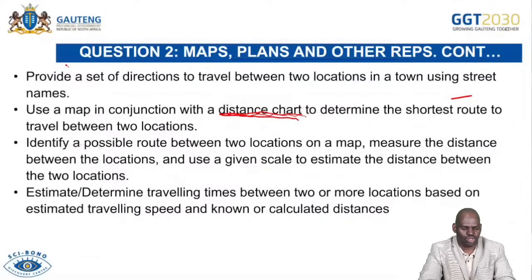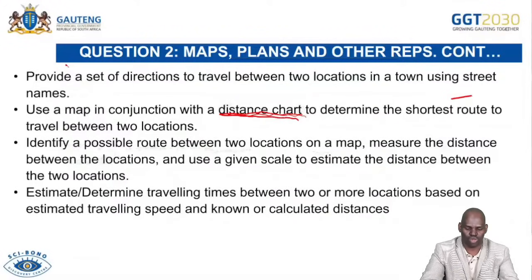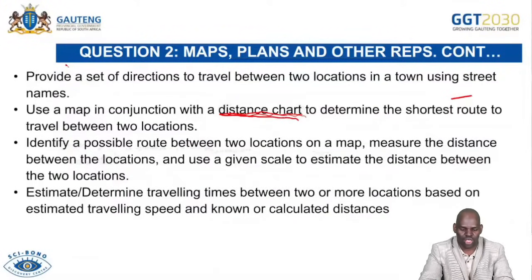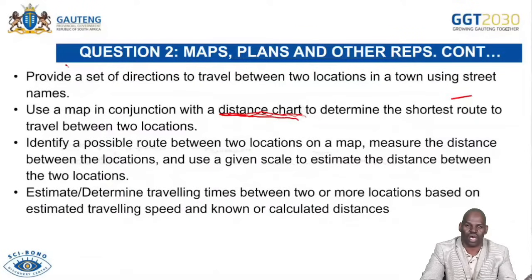And then again, you must be able to identify the possible route between two locations on a map, and you must also be able to measure the distance between the locations. Again, the usage of a ruler is very, very important, and use a given scale to estimate the distance between the two locations. I think I've already explained that as well.